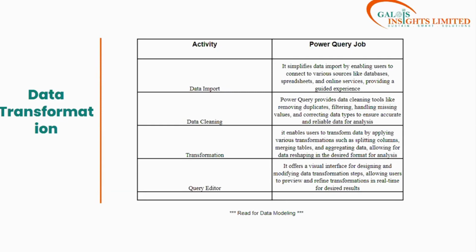Input simplifies data inputs, enabling users to connect to sources like databases, spreadsheets, and online services. Data cleaning provides removing duplicates, handling missing values, and correcting data types to ensure accurate and reliable data for analysis.